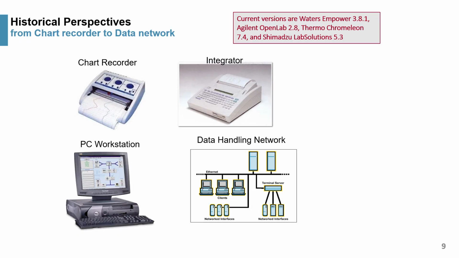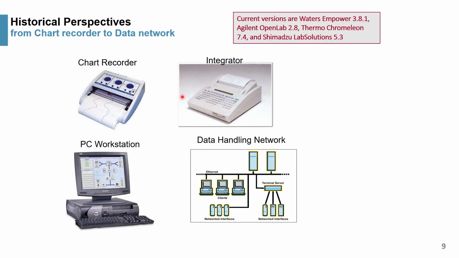Some historical perspective from the 1980s. Before that, most data were handled by a chart recorder, with manual measuring of the peak height or peak area using a ruler, by multiplying the height of the peak and the base width. In the 1980s, with the advent of the electronic integrator, things became much more sophisticated.